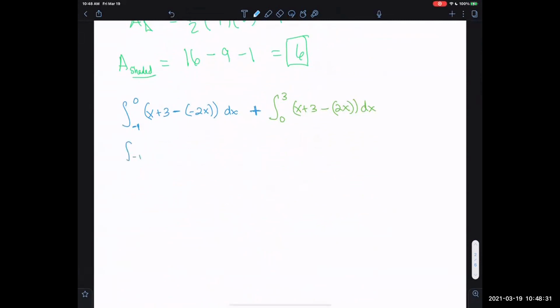Simplify a little bit. Let's do it all in one shot. This is x plus 2x, which is 3x plus 3 dx. And then from 0 to 3 would be x minus 2x, so that's negative x plus 3 dx.